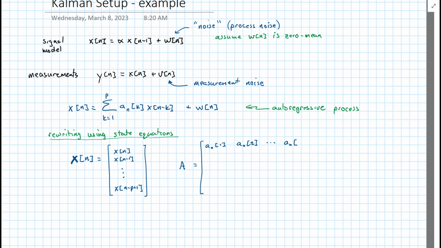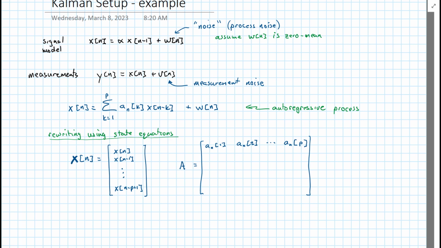Now it's possible that these a's could change between every sample, hence the subindex of n. But if this is constant, which is actually more frequent, then we wouldn't put that in there. So that tells us what x of n is going to be. It's going to be this linear combination of all the previous ones plus the noise, but we'll deal with that separately.